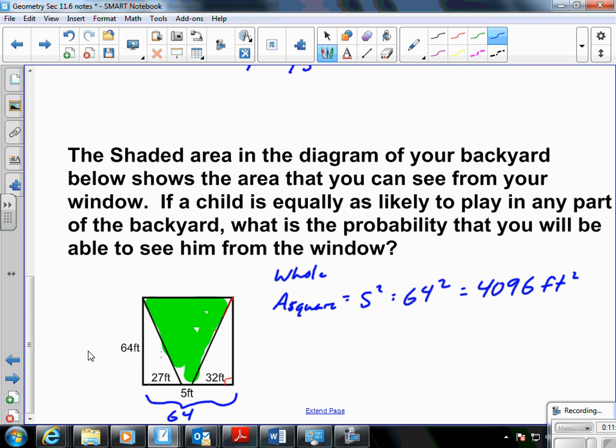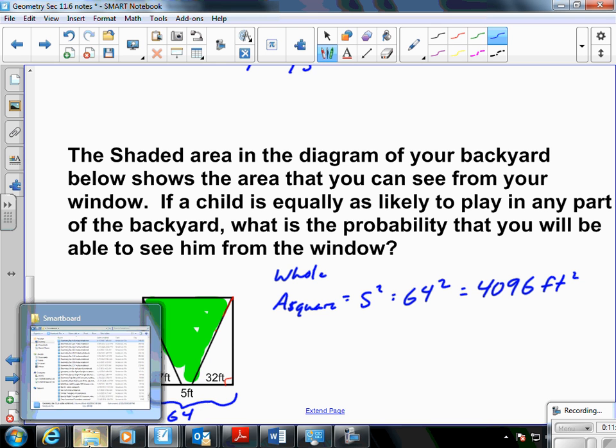And then in order to get the area of the part, I'm going to use these triangles, because this is a trapezoid and I really don't know all the lengths of these two sides. So it's going to actually be easier for me to go ahead and find the area of each triangle. Because it's 64 by 27. This one will be 64 by 32. So I've got two triangles to find.